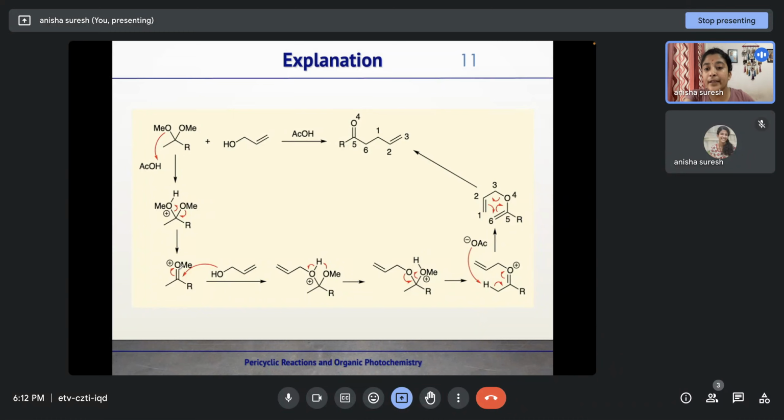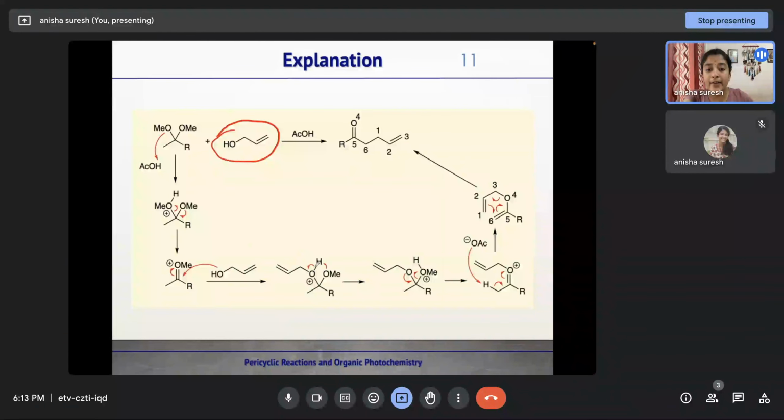Now we have a positive charge on the oxygen, so this center will be more activated. This center will be more electrophilic, and this is the other starting material we have, the allylic alcohol. Now the lone pair on the oxygen will attack the carbonyl carbon, and this positive charge will be neutralized. So we get this product.